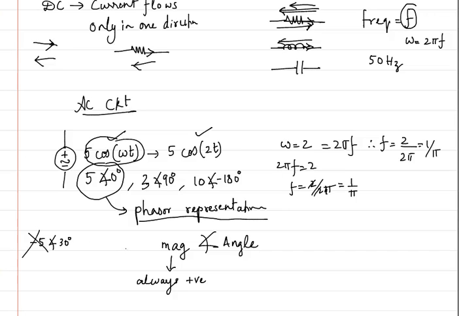If you get a negative answer, then the answer is wrong. If in the question paper the magnitude part in phasor format is written as minus, then the question is wrong. So always make sure that in the phasor representation, the magnitude part is always positive. Please do not forget this.